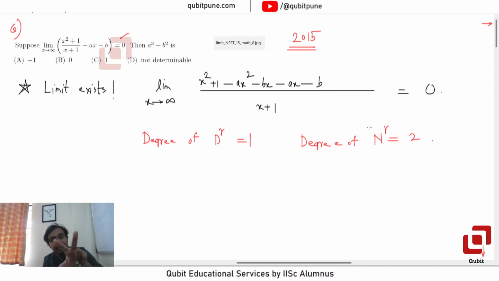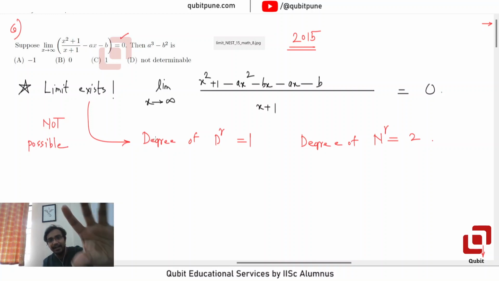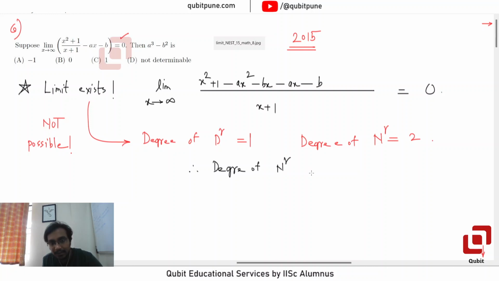Now this contradicts with the existence of the limit, because we clearly know if x is tending to infinity and we have a rational function with the numerator's degree greater than that of the denominator, then the limit cannot be finite; we write infinity or negative infinity there. But here the limit exists and is finite. Therefore, what must we conclude? Therefore, the degree of the numerator must be 1.